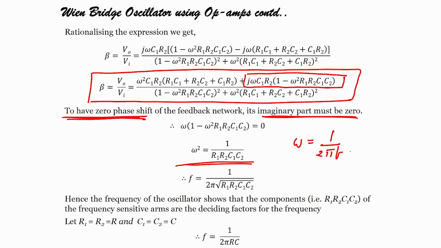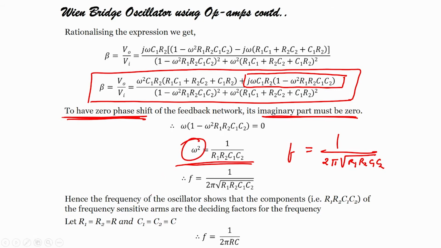So, f here would be 1 by 2 pi under root of R1R2C1C2. Why under root? Because omega square is there.